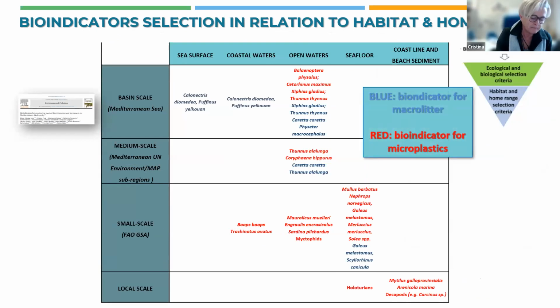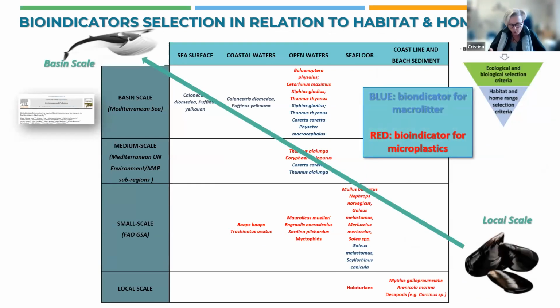This novelty was developed in the last few years inside the consortium of Plastic Busters. We have published several papers, and the idea is to try to select a series of bioindicator organisms in relation to the habitat and the home range.